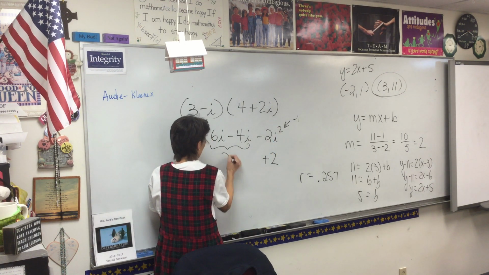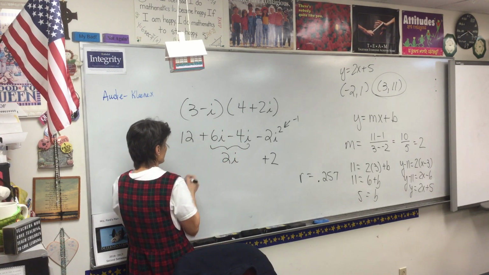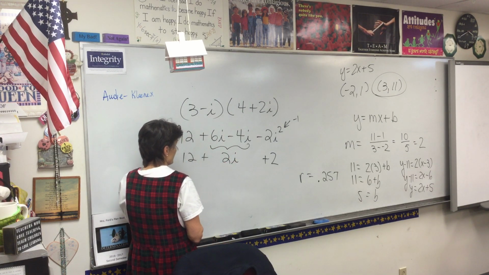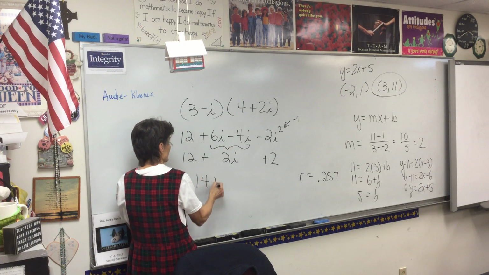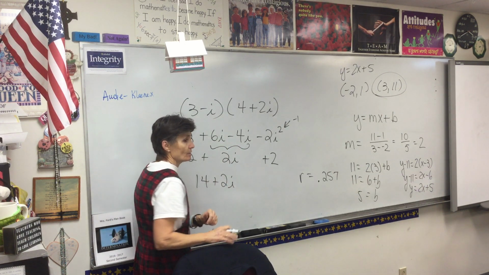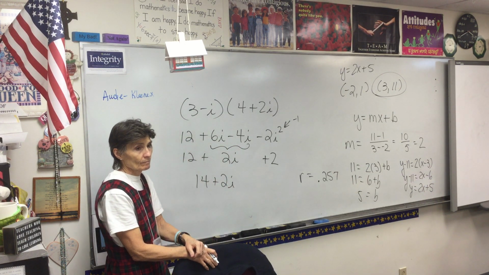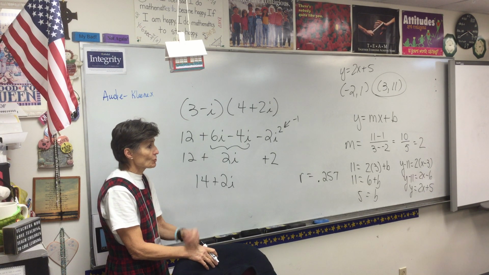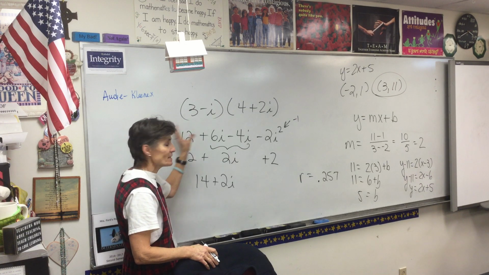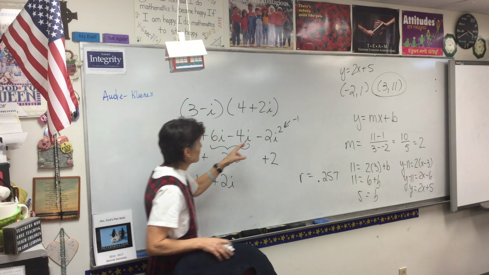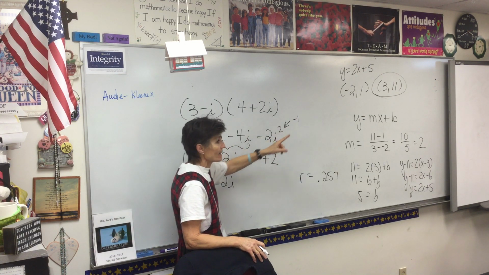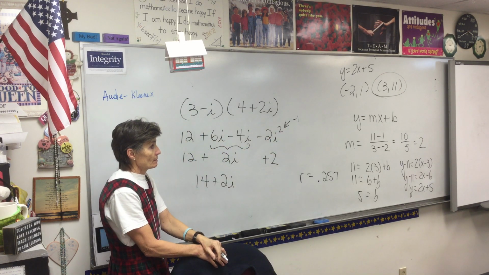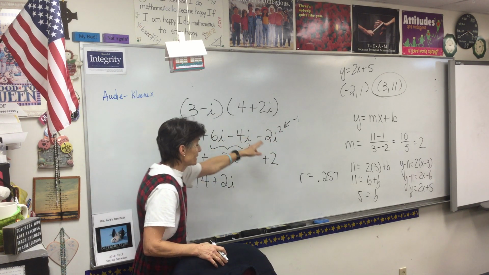These two are 2i when you combine them, and you've got your 12. So your final answer is 14 plus 2i. Everybody in here knows how to FOIL. You have to remember that i squared is negative 1, because every time you FOIL one of these, you're going to get an i squared.